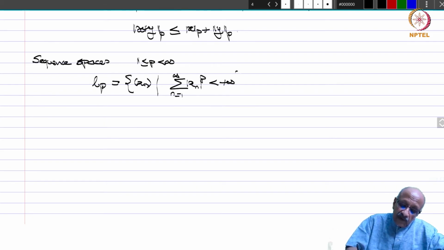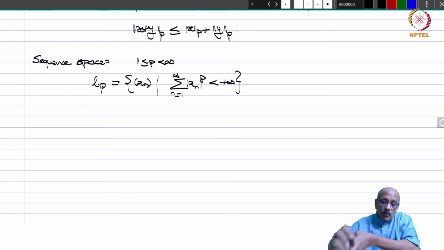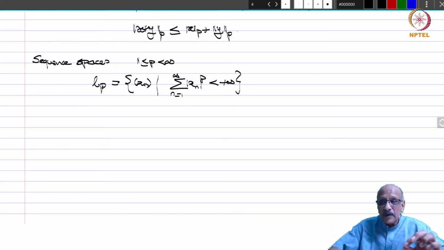So this is a convergent series. You take sequences (x_n), so x_1, x_2, ... each vector is now a sequence, and this sequence is given by the property that the sum of |x_n|^p is less than infinity. As of now, this is just a set, okay?